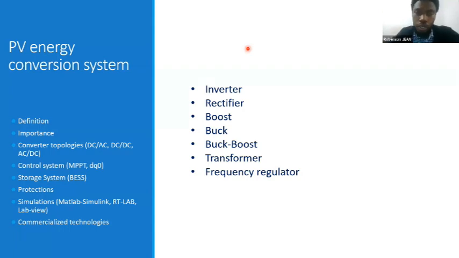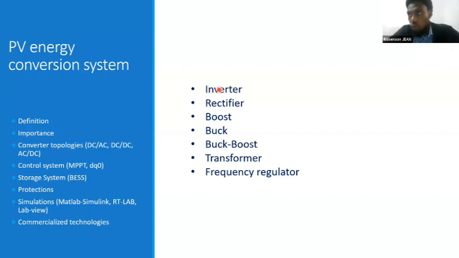So we are going to use a rectifier to transform the AC energy into DC energy. That's why we have the rectifier, and also we have a transformer. After doing that, we can use an inverter to pass from DC to AC.